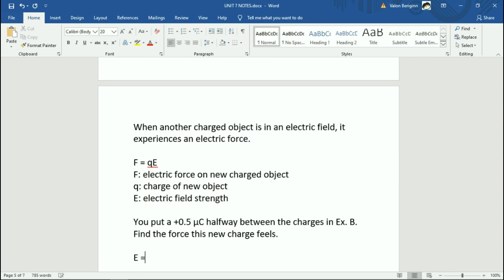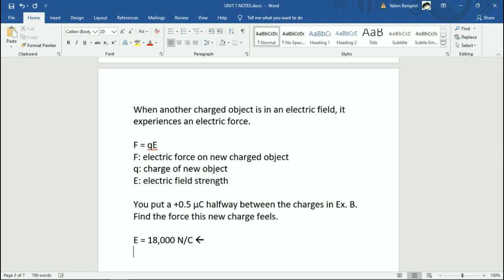E equals 18,000 newtons per coulomb to the left. And now we have this new charge, which is 0.5 times 10 to the negative 6 coulombs, in other words, 5 times 10 to the negative 7 coulombs.